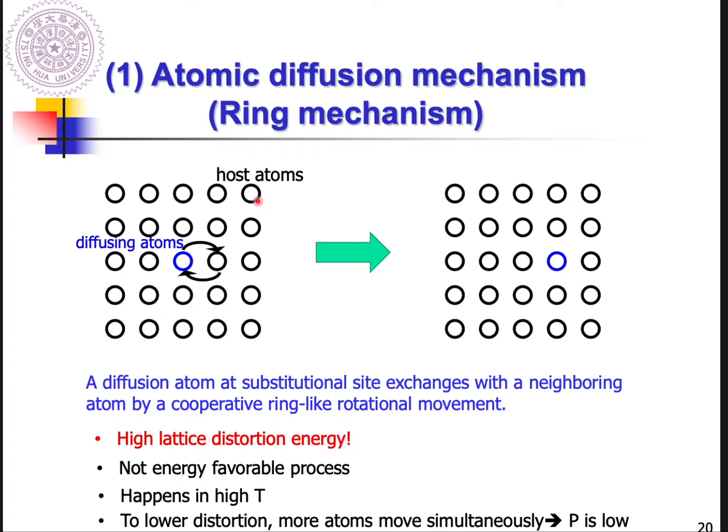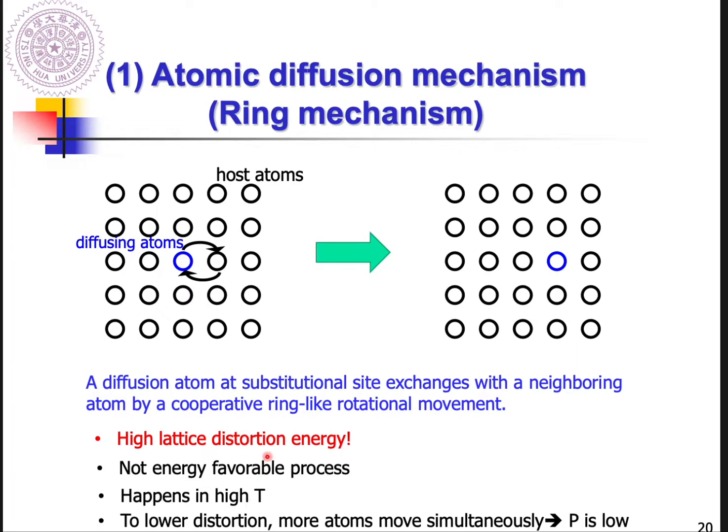What is the ring mechanism? Our diffusing atom exchanges sites with surrounding host atoms at the same time. That means the diffusing atom jumps to the right and the host atom jumps to the left, so they move together. This causes high lattice distortion, which means the energy barrier is high.